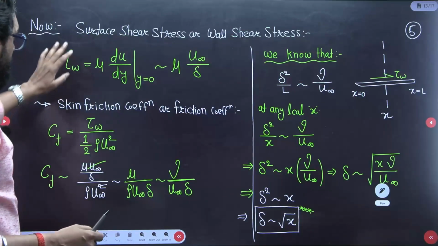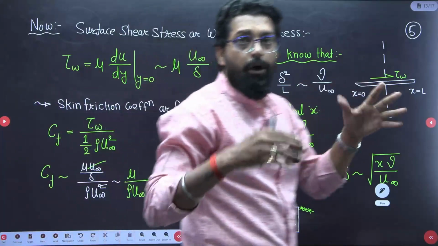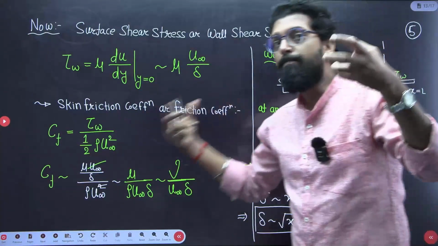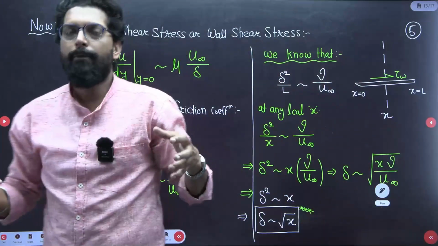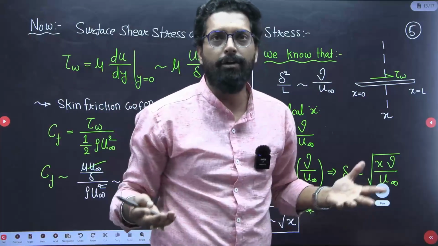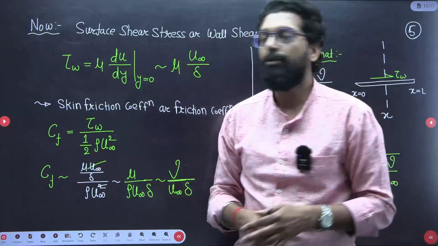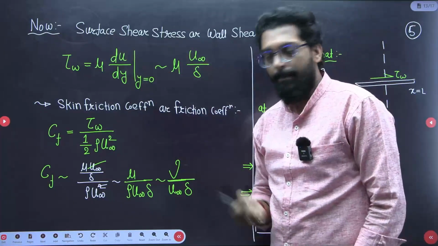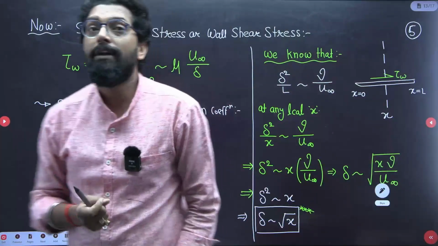Now, if you know the boundary layer theory, what is the importance? From the knowledge of boundary layer theory, you can easily calculate the shear stress on the plate. The motive of the boundary layer is that you can calculate drag and lift.